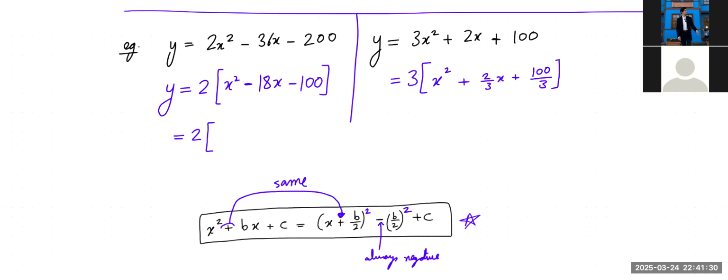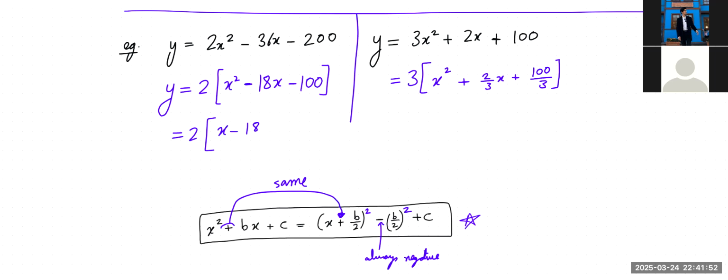So now we're going to factorize these. Let's try to do this one first. Try to use the formula to factorize this. Then it's going to be x plus minus 18 over 2.